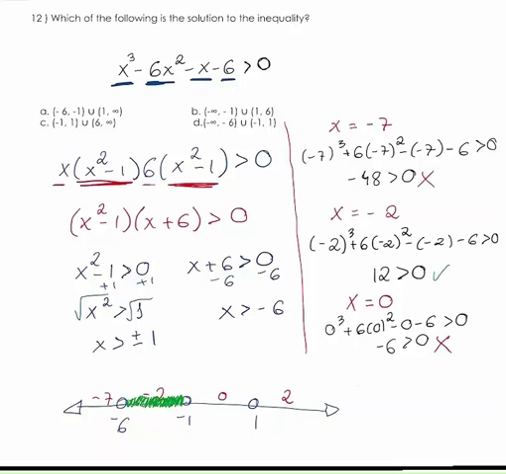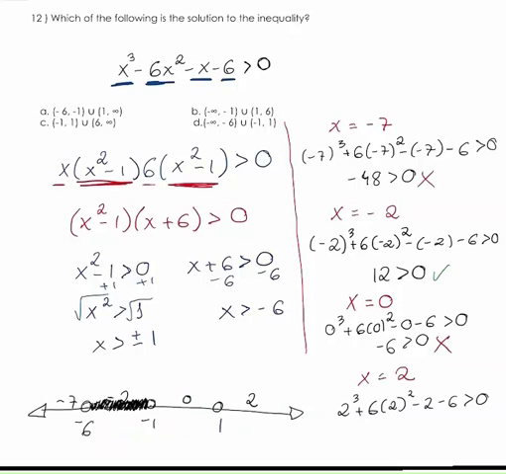Let's test our last point, x equals 2. Plugging 2 back into our inequality, we can see that the result is 24 bigger than 0, and that's a true statement, so that means that 1 to infinity is part of our answer.